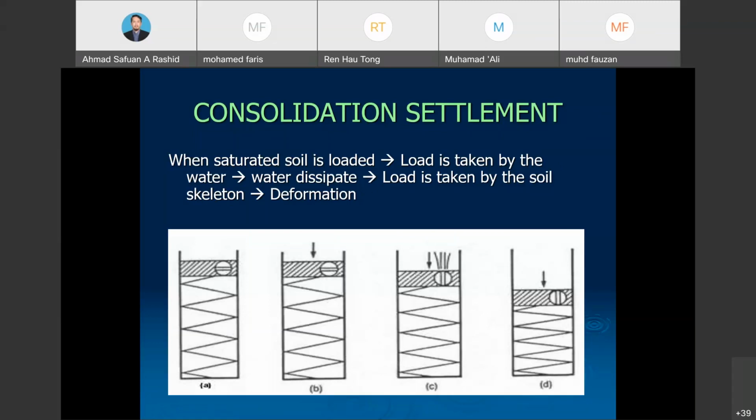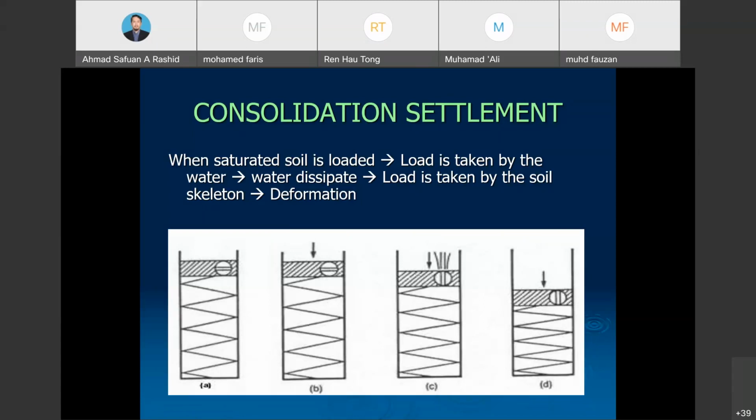So up to a certain degree of consolidation, the settlement will stop, and we can see that it has already reached the full consolidation settlement.